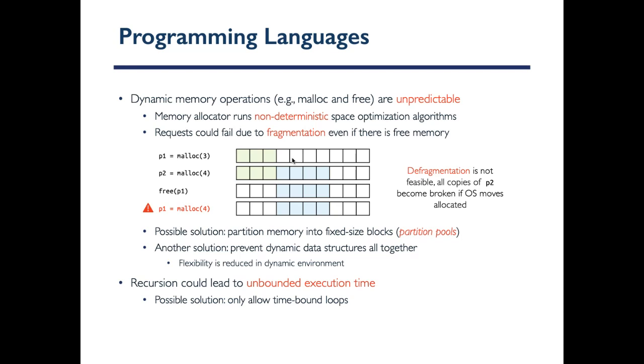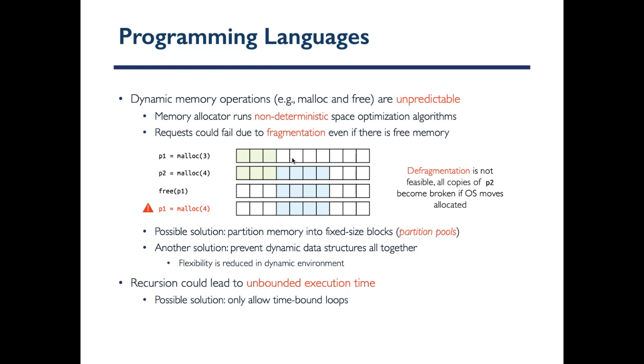The other aspect when you're talking about programming languages is recursion. This is also something that is highly unwanted in real-time operating systems and real-time systems, because you could get infinite loops.